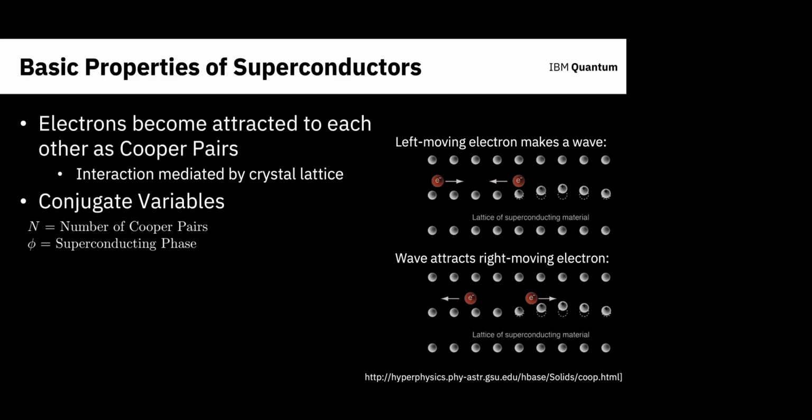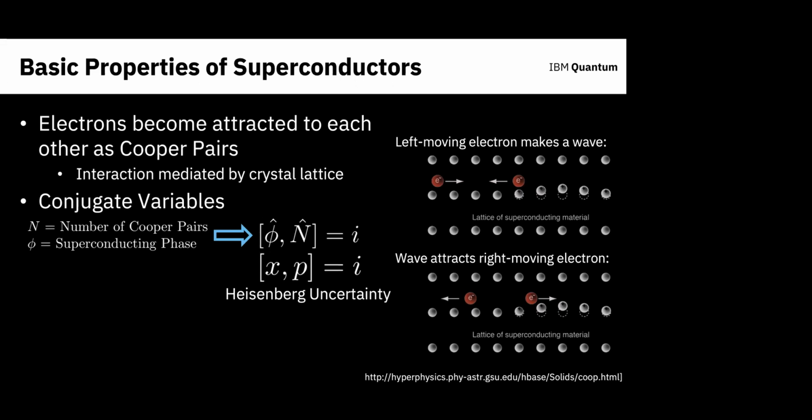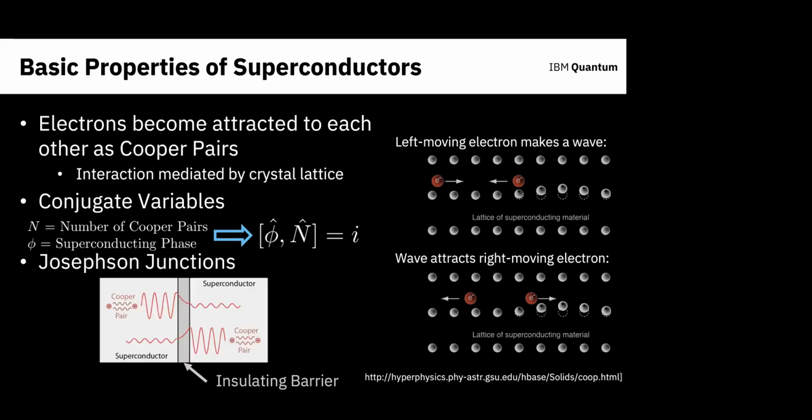And these variables are conjugate variables as well, so you can't measure, for example, the phase and the number at the same time. They have a commutation relation exactly similar to the Heisenberg uncertainty principle for position and momentum. In that way, you can be informed about how to go about building superconducting qubits out of these things and understanding them in terms of good quantum numbers, for example.